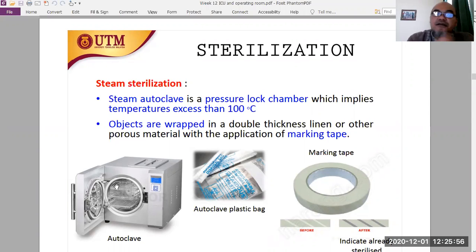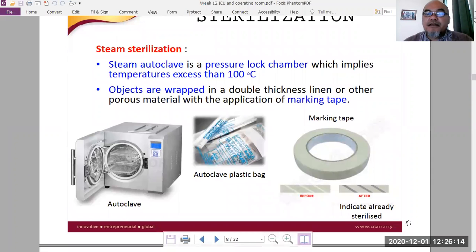We have to put them first into the steam autoclave. This is a pressure lock chamber with high pressure, applying a temperature in excess of 100 degrees Celsius. Objects are wrapped in a double thickness of linen or other porous material with marking tape applied.